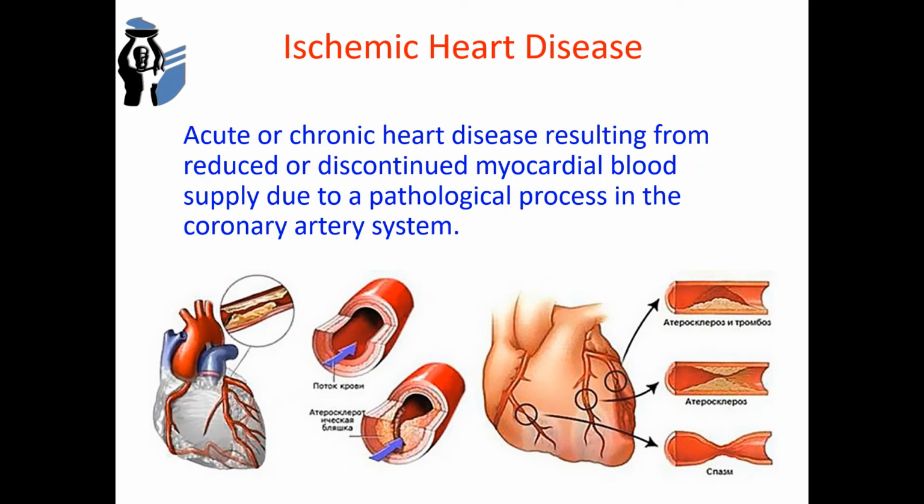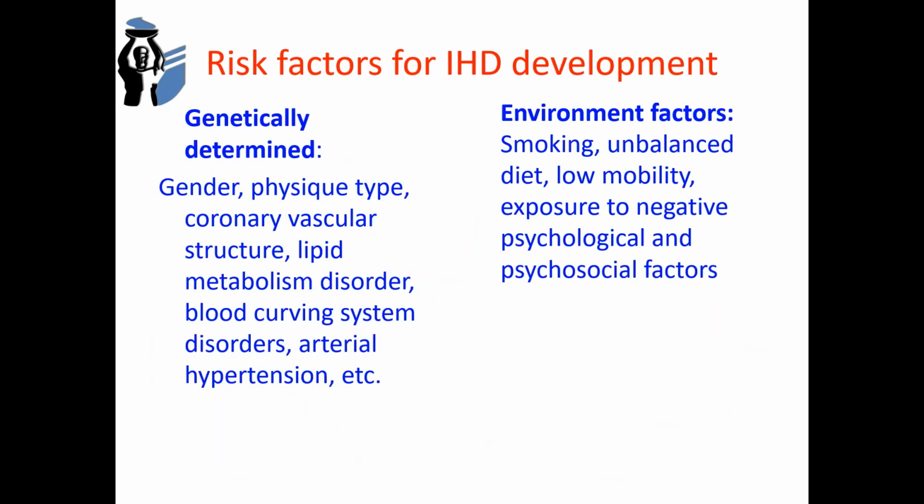Risk factors for the development of this disease you see on the screen. Genetically determined: gender, physique type, coronary vascular structure, lipid metabolism disorder, blood clotting system disorders, arterial hypertension, and so on. And environmental factors of these diseases: smoking, unbalanced diet, low mobility, exposure to negative psychological and psychosocial factors.